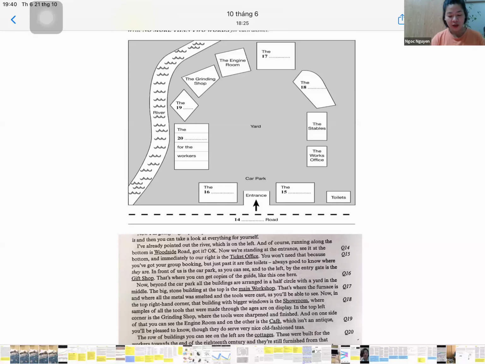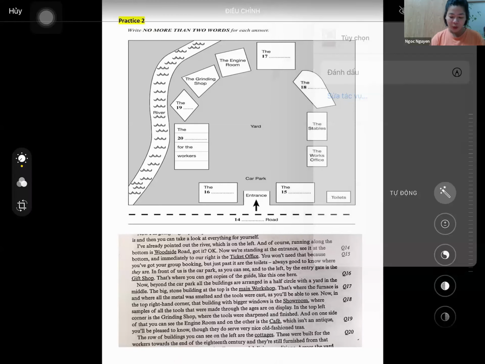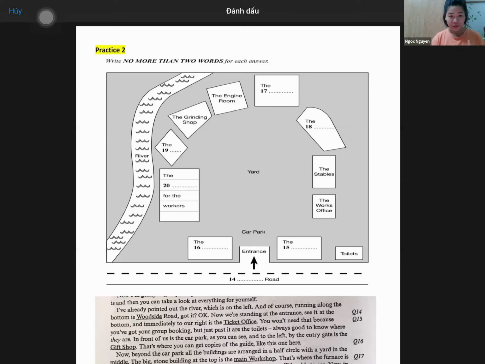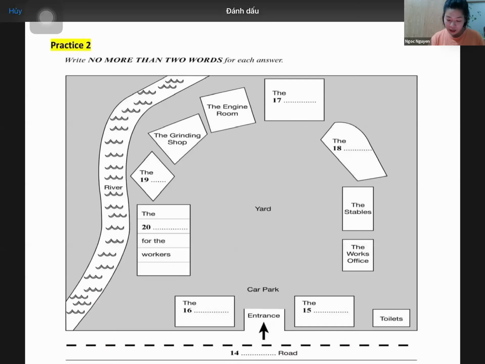Many students get confused and overwhelmed when they have to listen to the recording and then follow a map and process a lot of information at the same time. But now let's see. Here we have a map of an industrial village. And you see here, I don't see the compass, right?